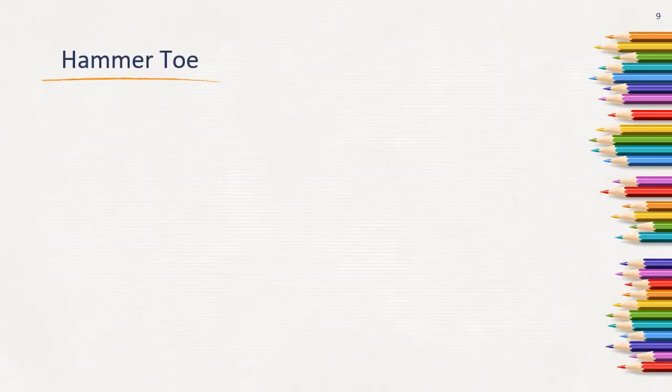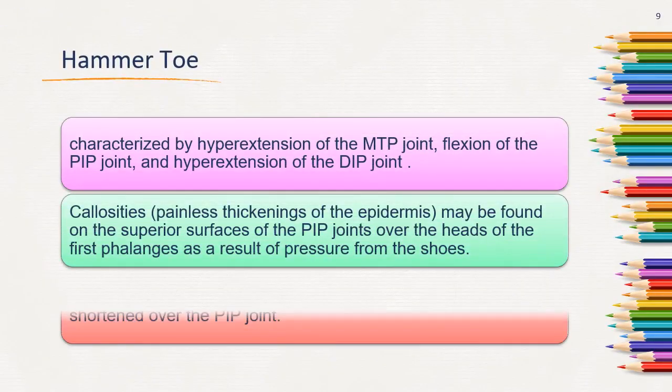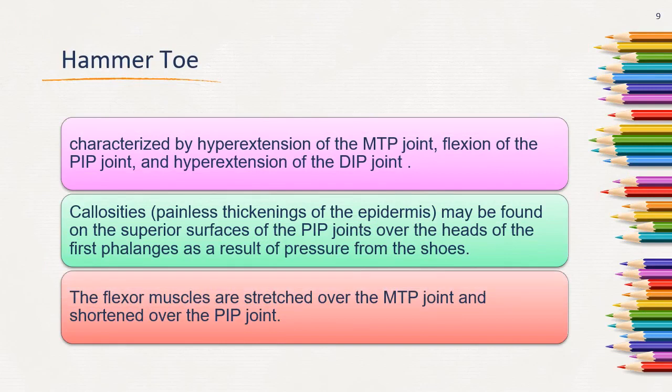Second, hammer toe. Hammer toe is characterized by hyperextension of the MTP joint, flexion of the PIP joint, and hyperextension of the DIP joint. Callosities, meaning a painless thickening of the epidermis, may be found on the superior surface of the PIP joint over the head of the first phalanx as a result of pressure from the shoes.